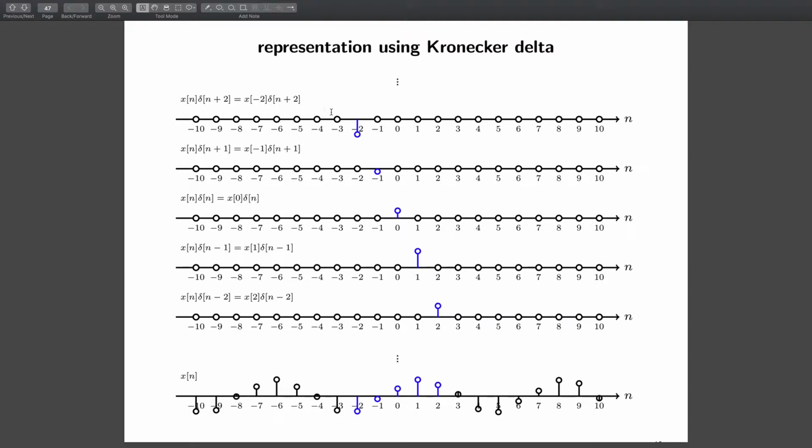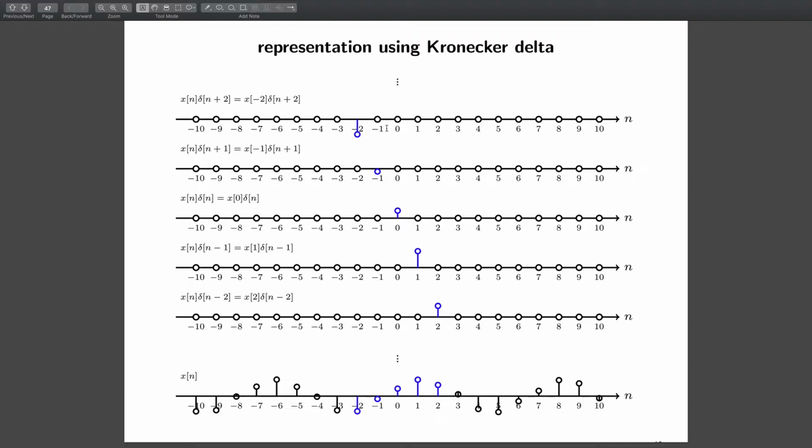What I've displayed on the top number line is delta at n plus 2, that turns on at time -2, times the signal at time -2, which happens to be negative in this case. On the next number line, I have delta at n plus 1, which turns on at time -1, times the signal at time n minus 1. And so on. Here I am at time 0, time 1, 2, and so on.